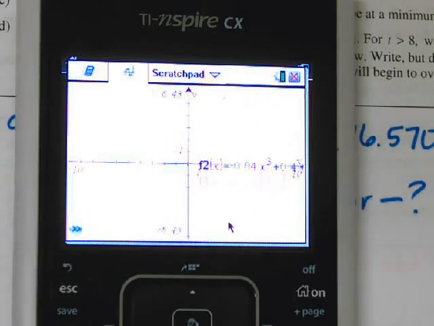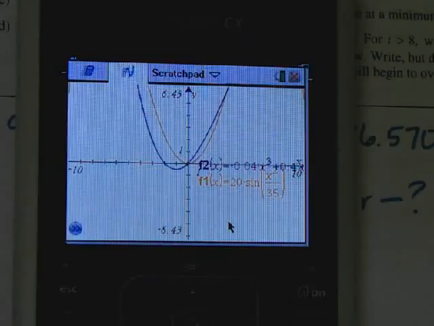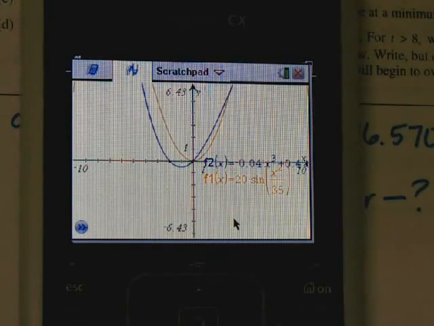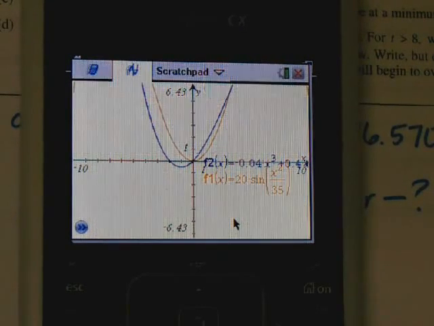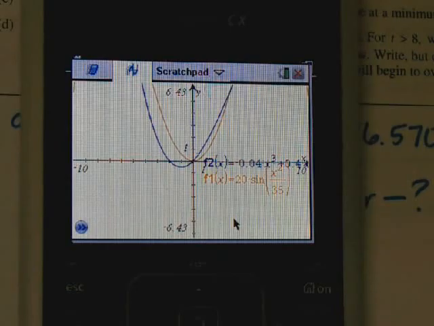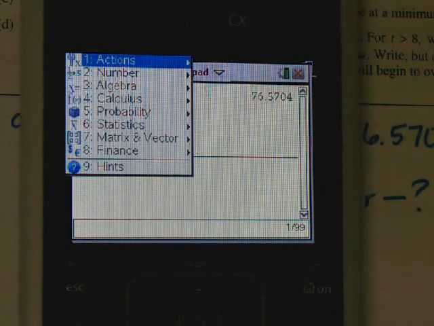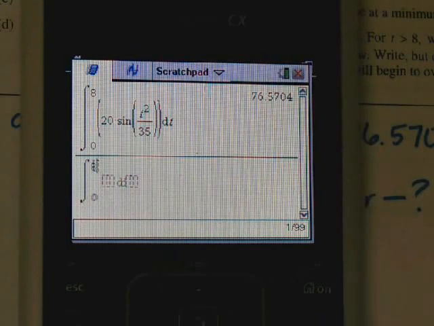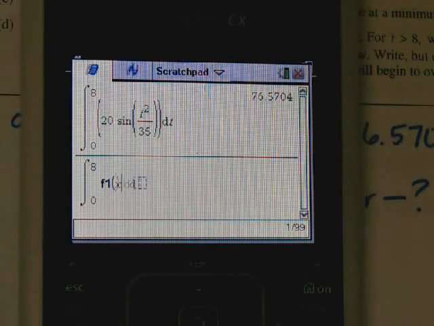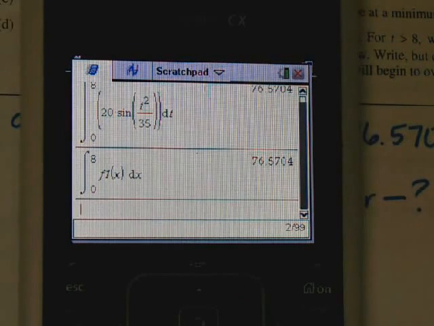What do you think your estimate is? I just did a standard viewing window, so I just did menu. Oh wait, what are you talking about? Because mine was like really small. Mine actually shows up. Yeah, I just press menu and then window, and then just do a standard window. Just do number 5. When you do the graph and you went to find out the point, what did you do, F1 of 3 minus? Yeah, I did F1 of 3 minus F2 of 3. Okay, well, I do that too, but I didn't get that.